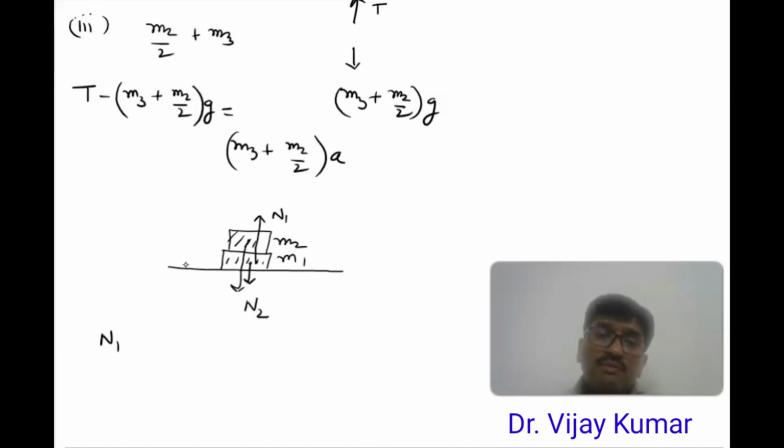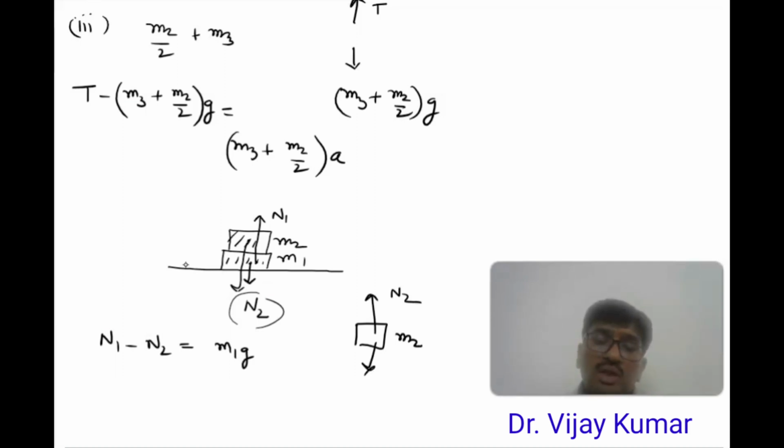So n1 minus n2 should be m1 into g, as the mass of m2 has been included in the normal force n2 which works in the downward direction. Suppose this is m2, this is n2, and this is m2g. So n1 minus m2g should be m1g.